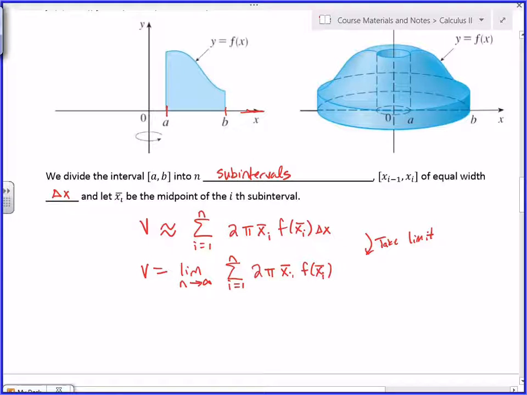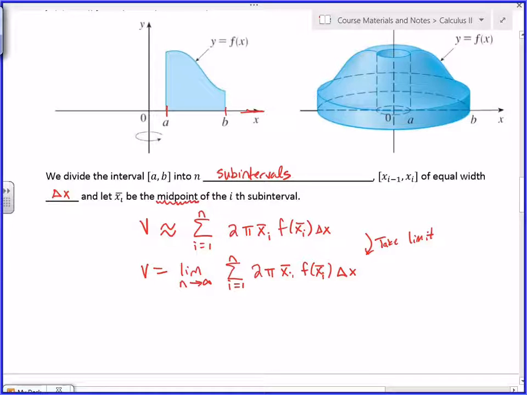I just introduced the bar notation to emphasize the fact that it's a midpoint. That's a common way to indicate something is the average, by putting a bar over the top. If you take statistics, you'll recognize that that's the average of a data set. And then delta x.